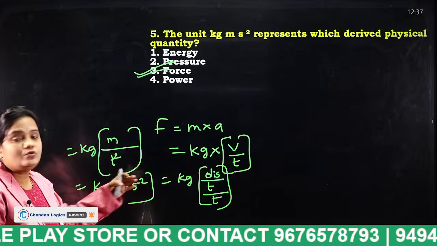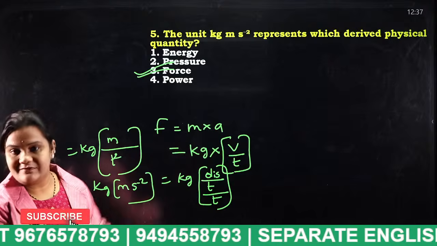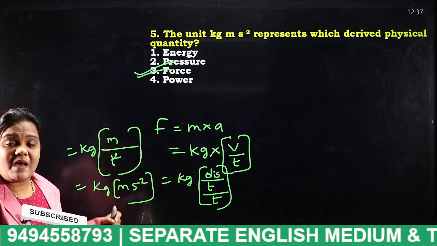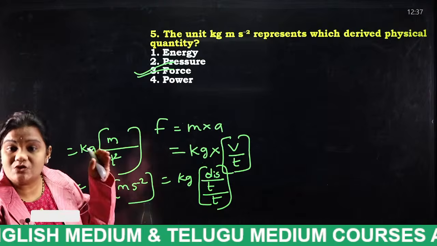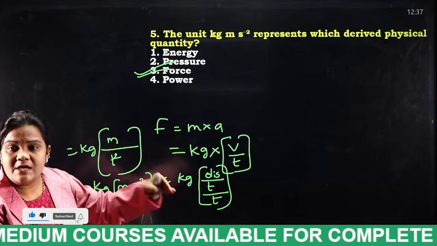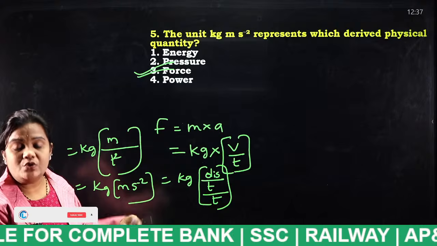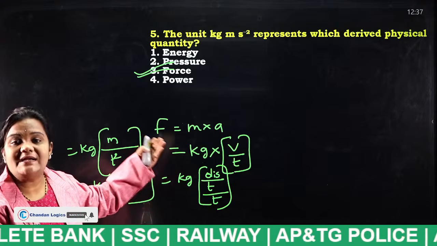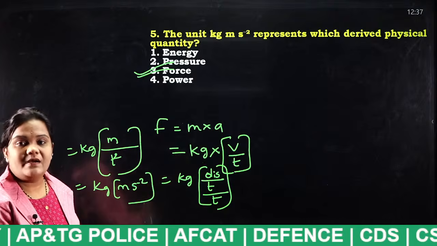Here, to find the dimensional formulas if any physical quantity is given, you have to know the units of the fundamental physical quantities. If you know the basic fundamental units and the formula for a particular physical quantity, you can easily derive the dimensional formula or dimensions of each and every physical quantity.